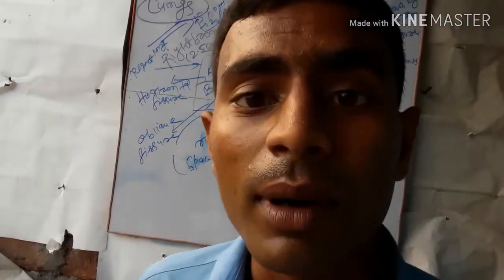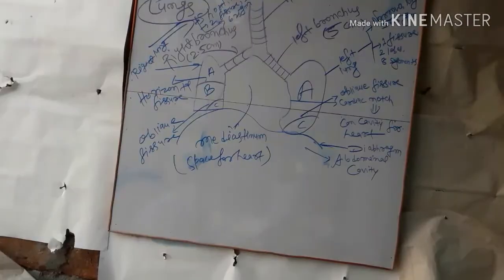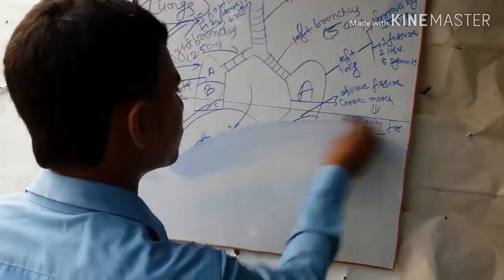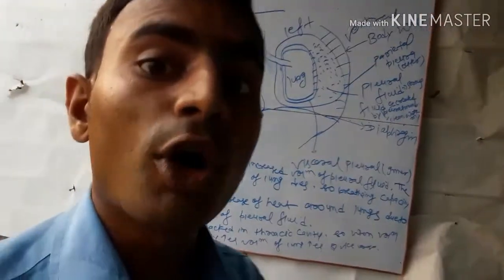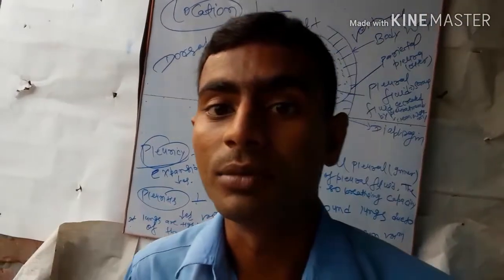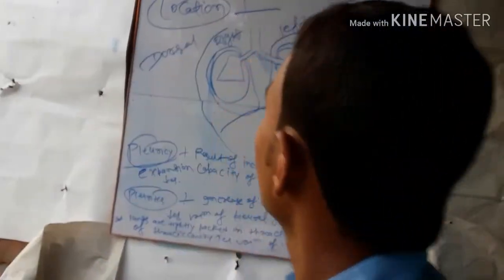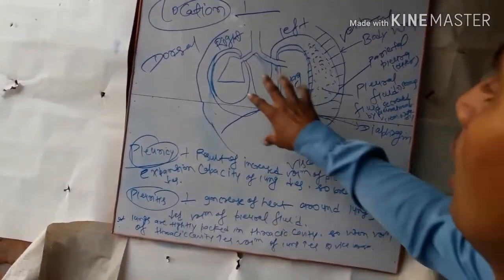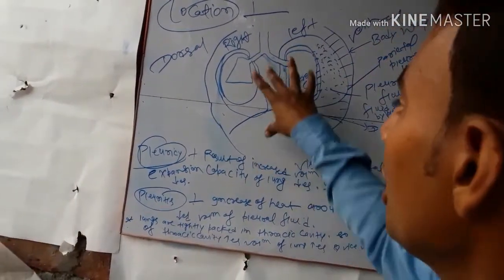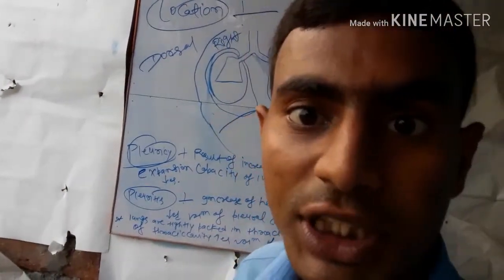So now we'll learn about the location of the lungs, where the lung is present, where the mediastinum is, and where the heart is present. These are the lungs, and between the lungs is a space, the mediastinum, and in the mediastinum space the heart is present.